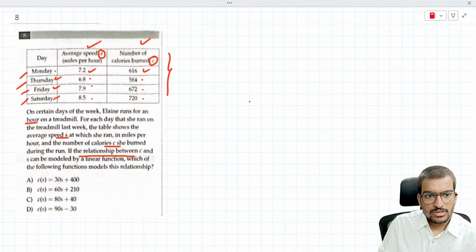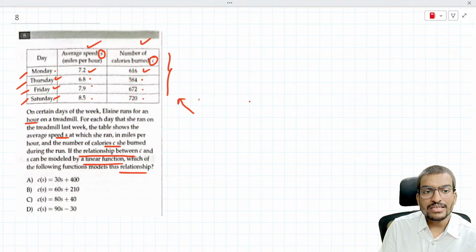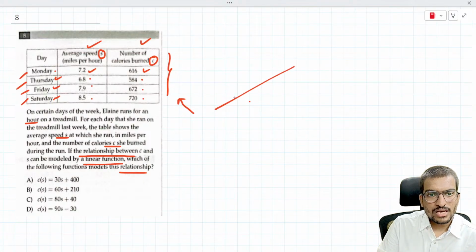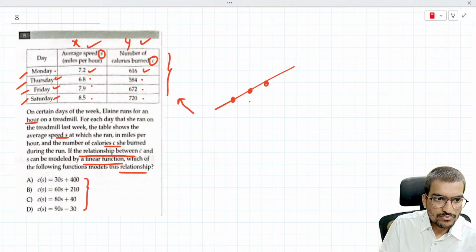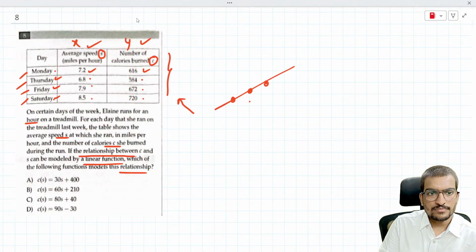If the relationship between C and S can be modeled by a linear function, which of the following functions models this relationship? They are saying that if these points are points of a linear function, if we consider them as x and y points, which equation will connect these points?